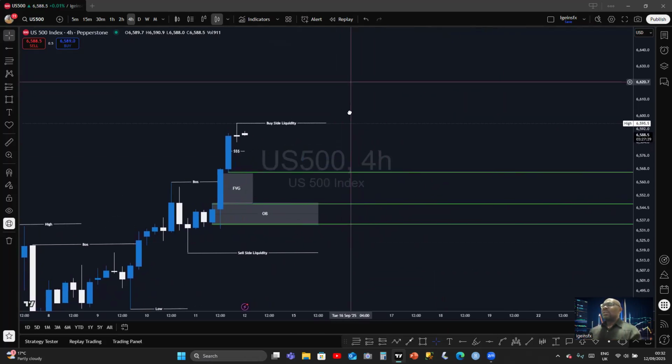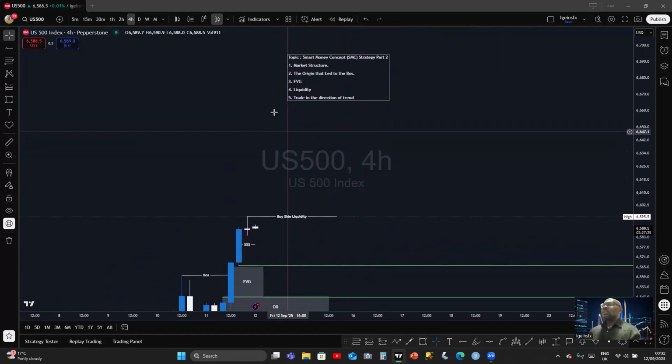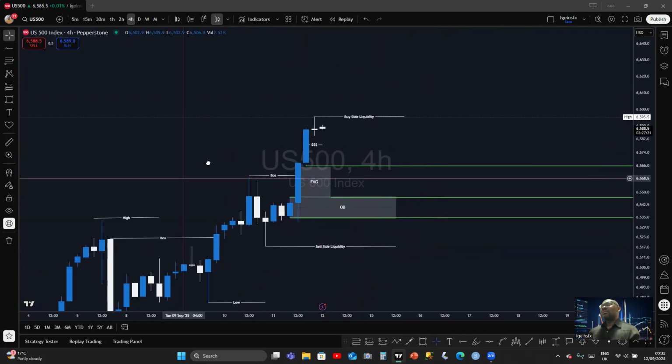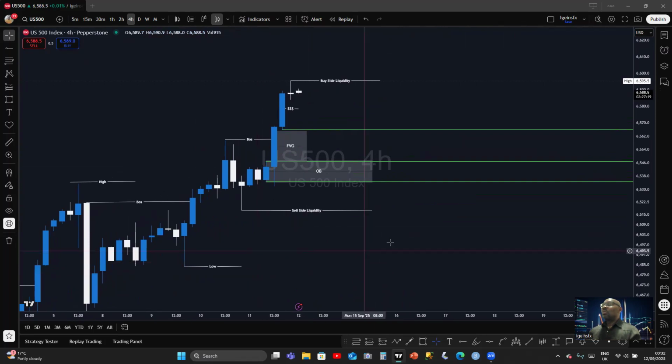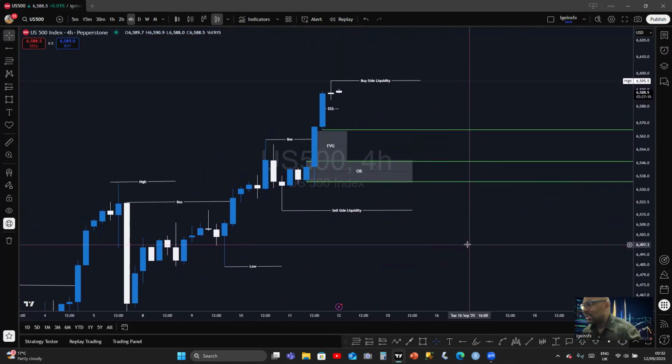All right. So that is the liquidity. Now, trade in the direction of trend. Guys, you don't want to go against the trend. That is the worst thing that will ever happen.